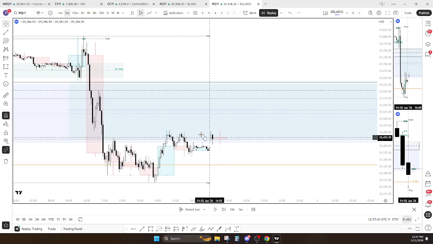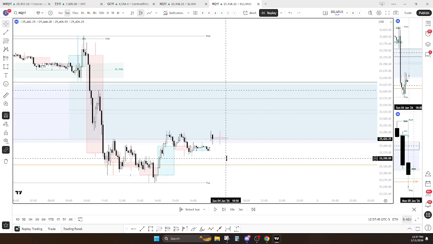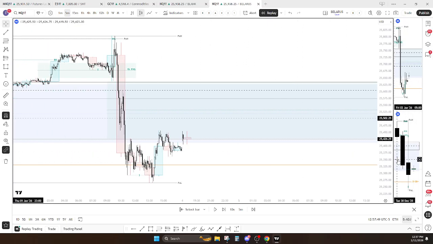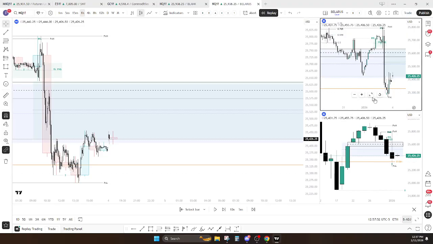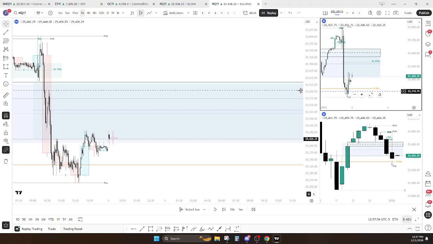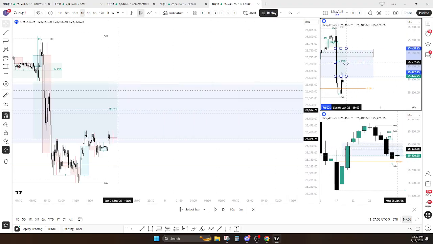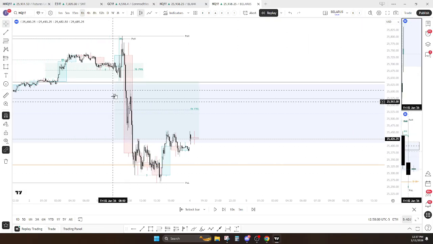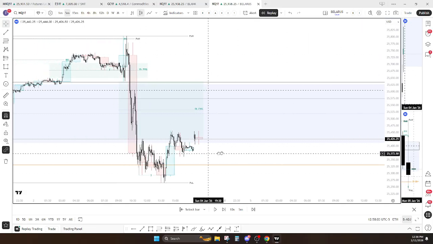All right, so we're inside of the daily arrays, right? This is also that big 1 hour fair value gap in this case. Let me back this out a little bit. And obviously we can see it through these candles here.